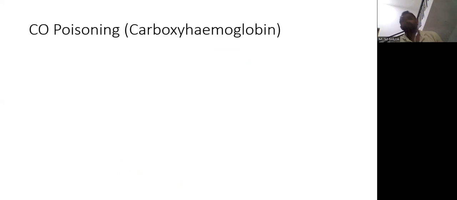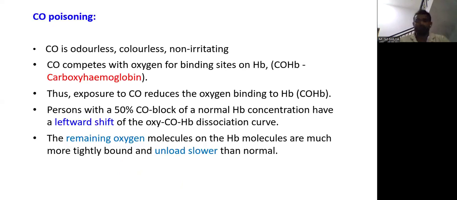So what will happen in carbon monoxide poisoning? Carbon monoxide is an odorless, colorless, non-irritating gas. It competes with oxygen for binding site on hemoglobin. So exposure to carbon monoxide reduces the oxygen binding to hemoglobin.